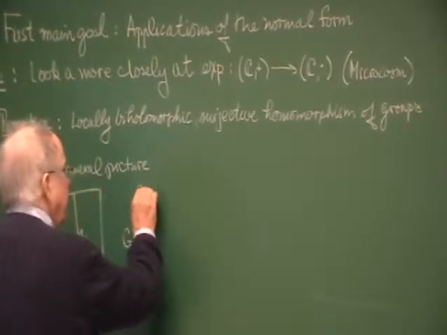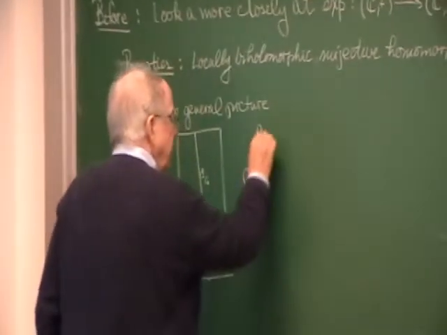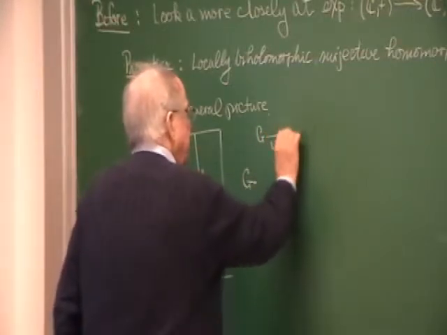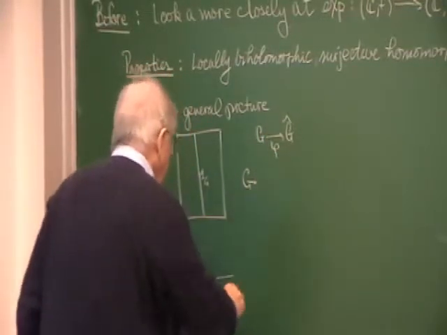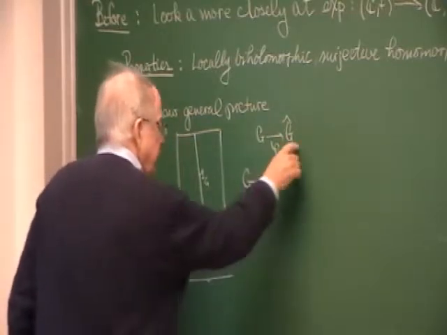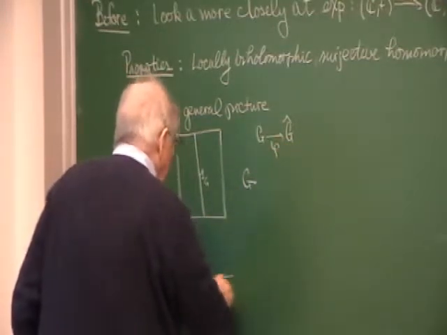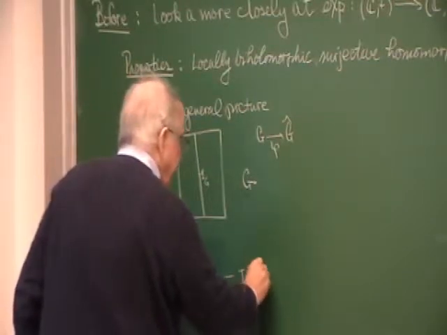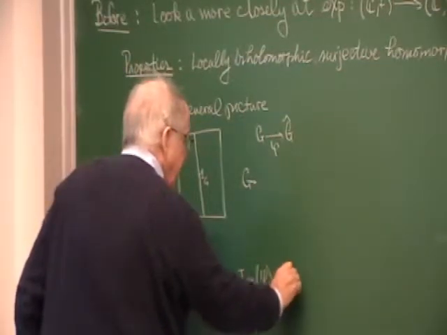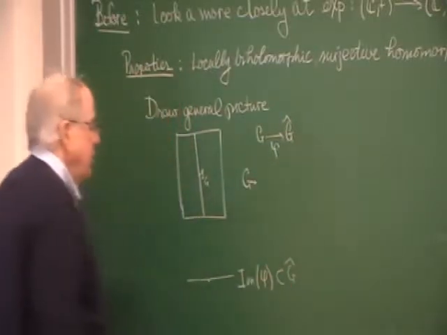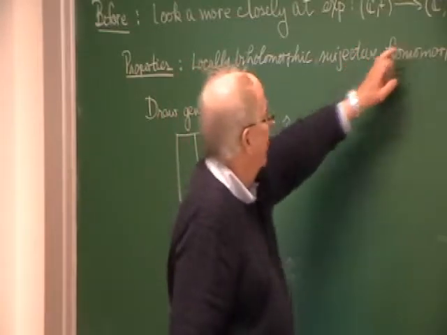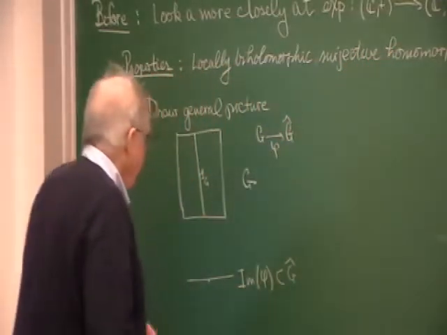If you have, say, a G and a homomorphism into some other group G hat, I'm repeating what I said yesterday, but it's important, the image of phi is certainly contained in G hat. Who knows how it's contained there? Here we already know the image of the whole thing, because it's surjective, but in general you don't know this.